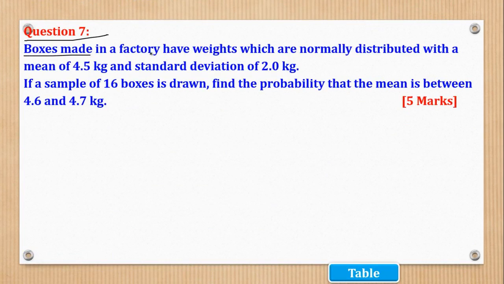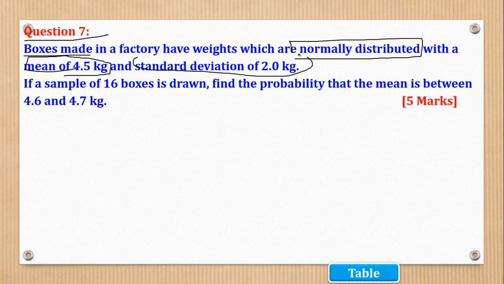Boxes made in a factory have weights which are normally distributed with a mean of 4.5 kilograms and standard deviation of 2 kilograms.